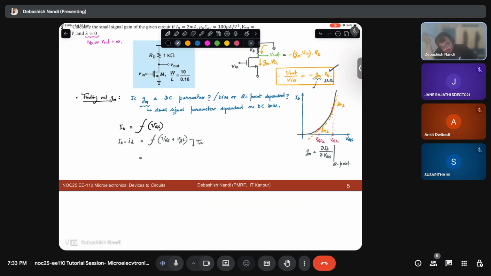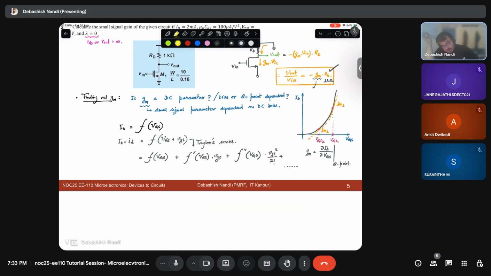The first term will be f of VGS, the second term is f dash of VGS times small vgs, that is the small deviation, since VGS plus small vgs minus capital VGS gives the same thing, small vgs, plus f double dash computed at the point VGS, the DC bias, times vgs square by factorial 2, plus higher order terms, right?